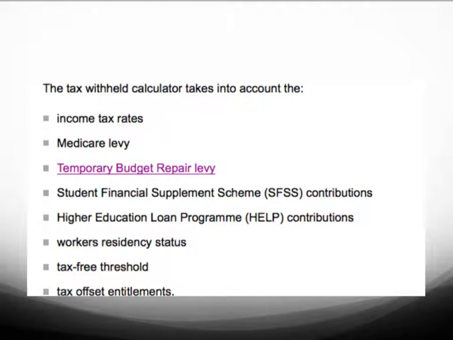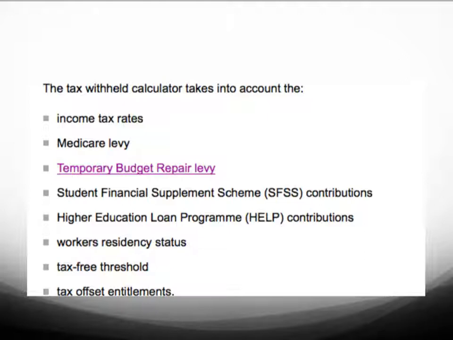When the calculator calculates the amount of tax that has to be deducted from a worker's pay, it takes into account the following items: the current income tax rates. Most people who earn a certain amount of money will have to pay the full Medicare levy, so it calculates this.